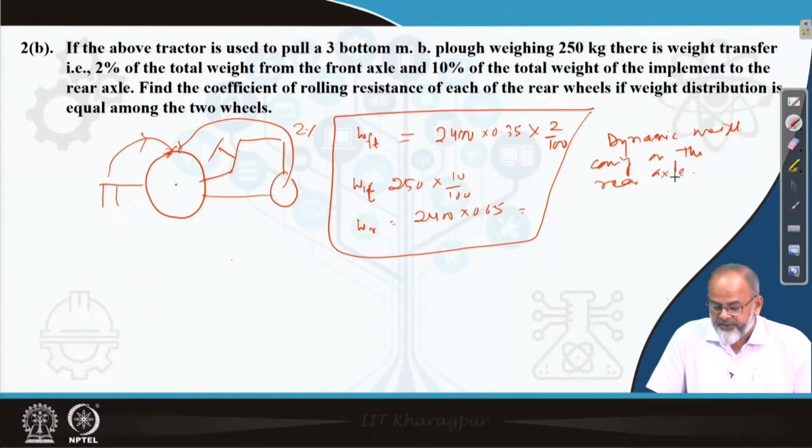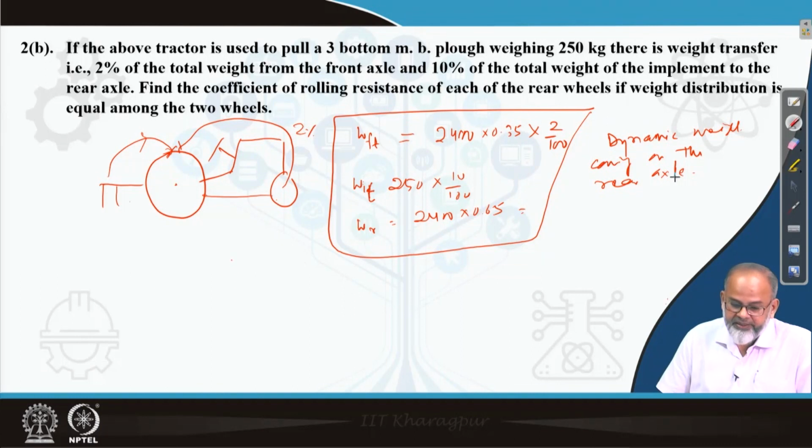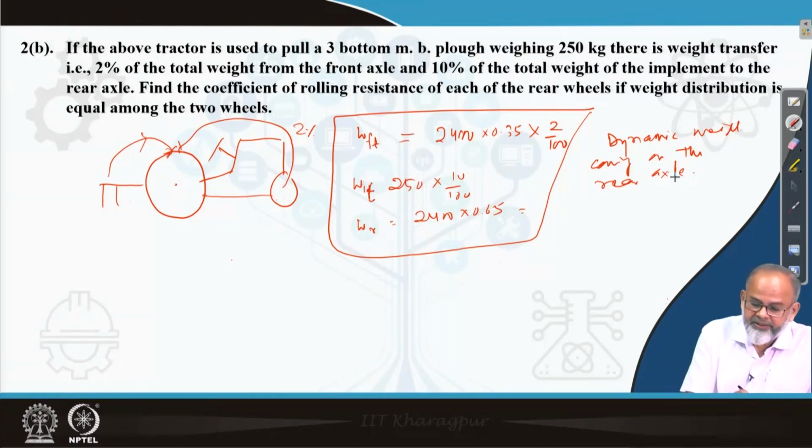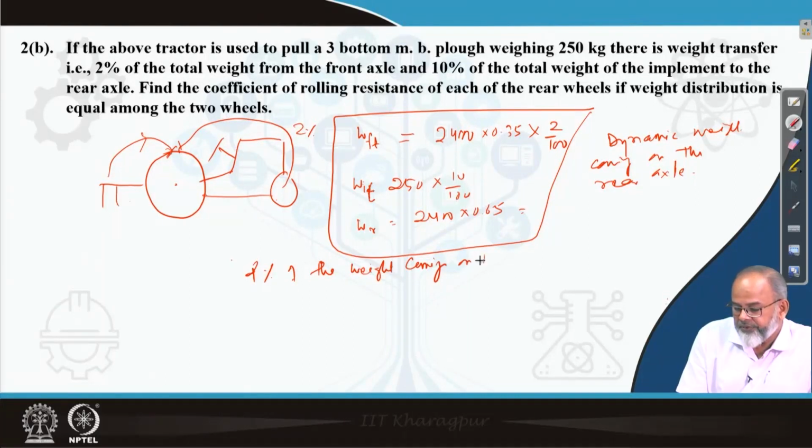Okay. So, once you know the dynamic weight, then rolling resistance is given, that is 4% of the weight coming on the wheel. So, you find out the rolling resistance.